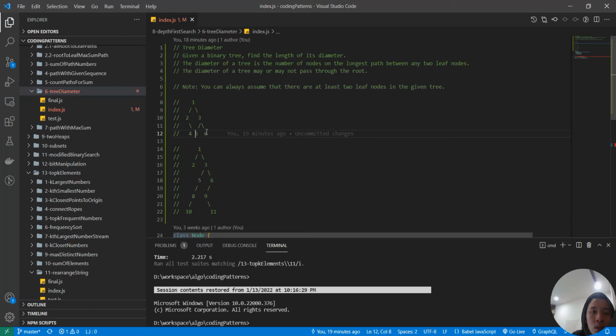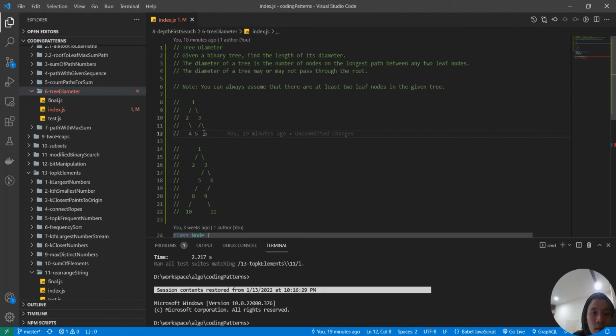It would be 3 nodes in total, right? So that's one possibility. Another one would be from 4 to 5. The path would be 4, 2, 1, 3, 5. They are 5 nodes, which is better than the last one.